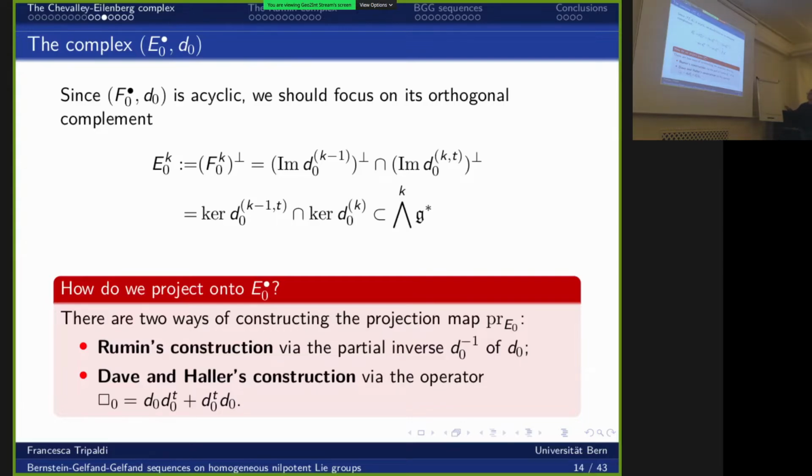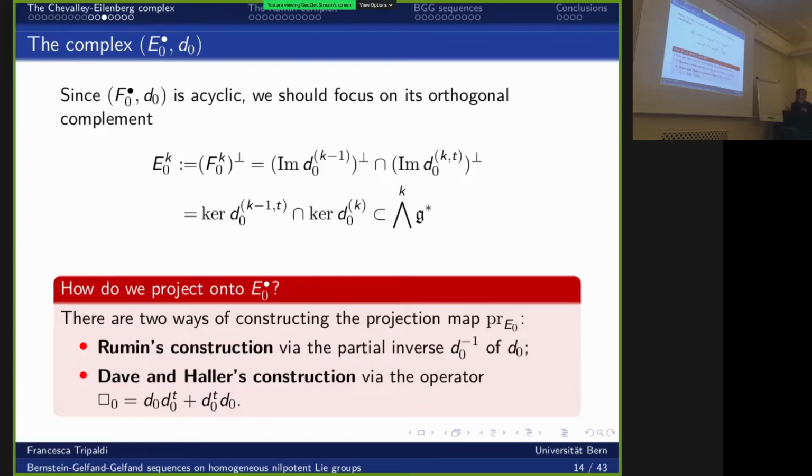And you can see that this is the expression, and this is the same as saying this is the image of d0 orthogonal complement, by what we were saying before. If it makes sense, this is the same as saying this is actually the cohomology of d0.